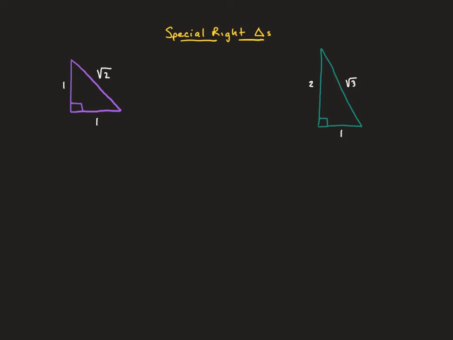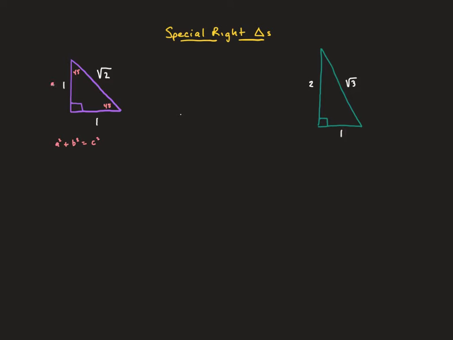Now, special right triangles are things you should have been familiar with before this point. In this first example, we have the 45, 45, 90. So this is going to be 45 degrees, 45 degrees, and then 90 degrees. If you use your Pythagorean theorem, we would have a squared plus b squared equals c squared.